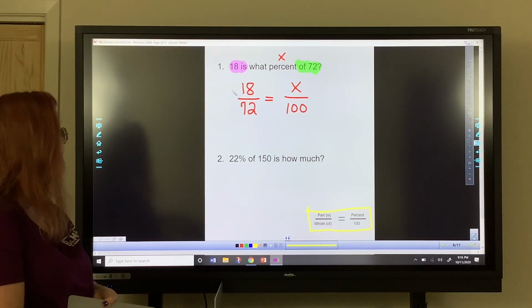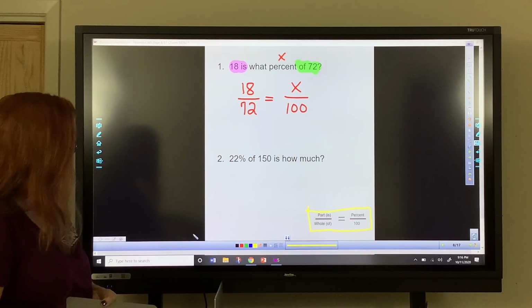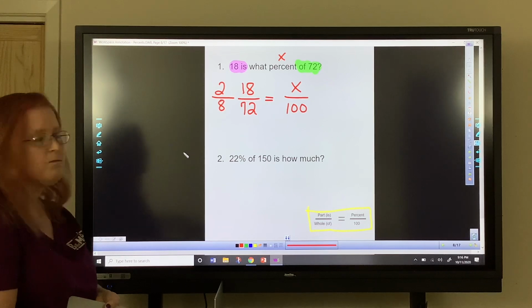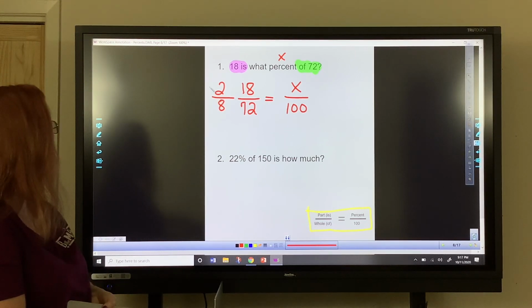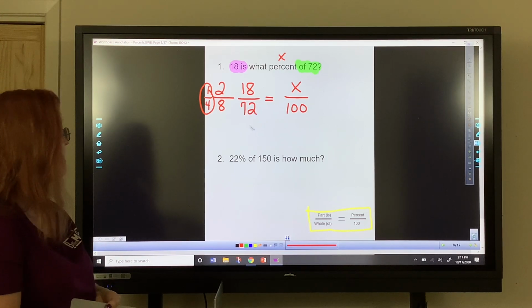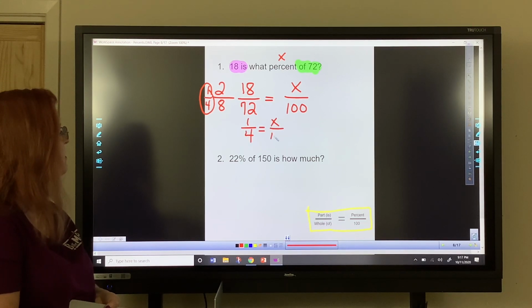So if I divide by 9, I get 2 over 8, okay? And I know that'll reduce again to give me 1 over 4. So that's the number I want to use in my problem because it's a whole lot easier to use. So I'm going to come down here and rewrite this as 1 over 4 equals x over 100.